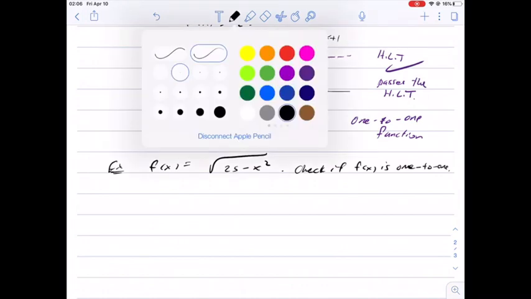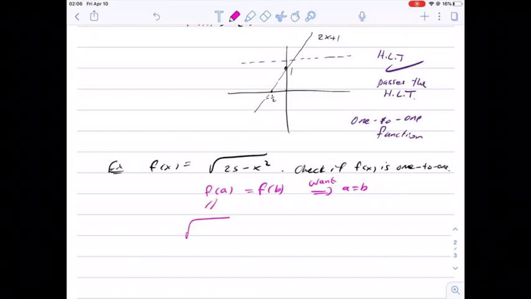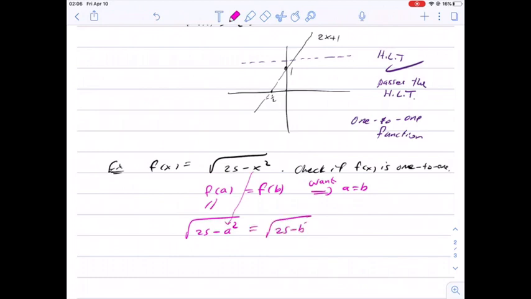Okay, so to do so, we start with f of a equals f of b, and we want a equals b. So f of a equals f of b, substitute, you get square root of 25 minus a squared equals square root of 25 minus b squared.